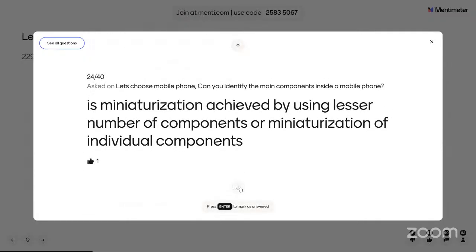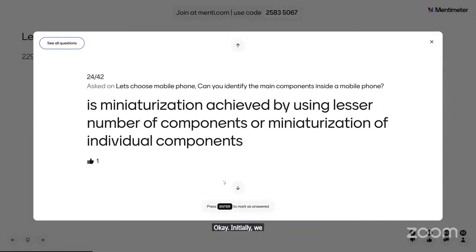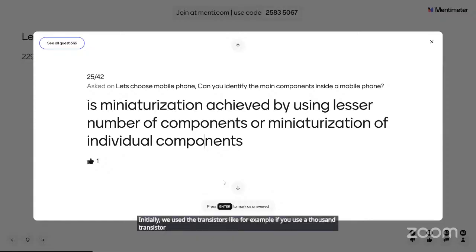Using a lesser number of components, or miniaturization of the individual components. Initially we used transistors; for example, if we used 1,000 transistors, now in the place of 1,000 transistors we use one particular IC, and that IC does similar work.